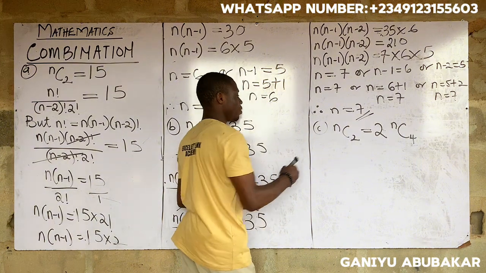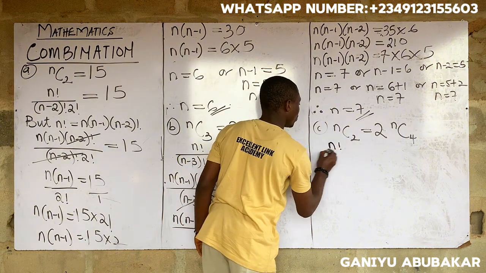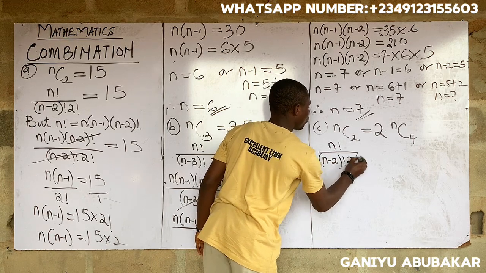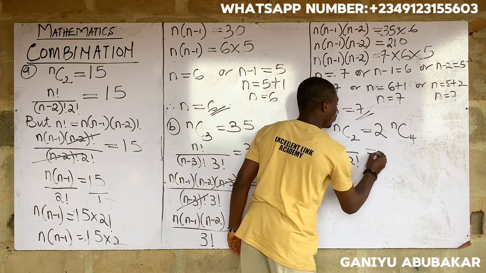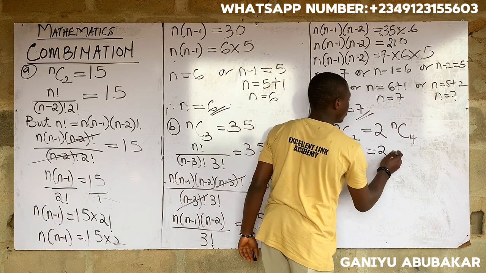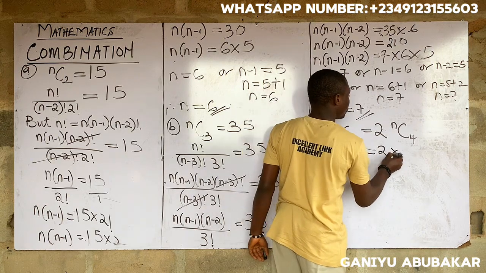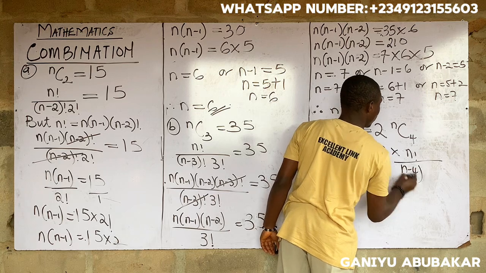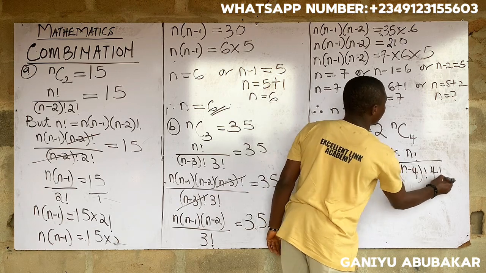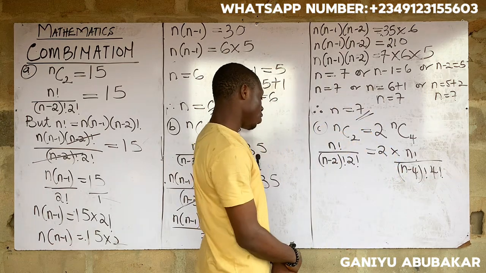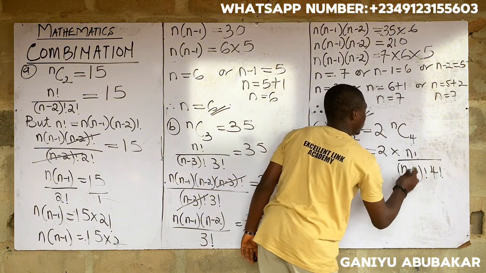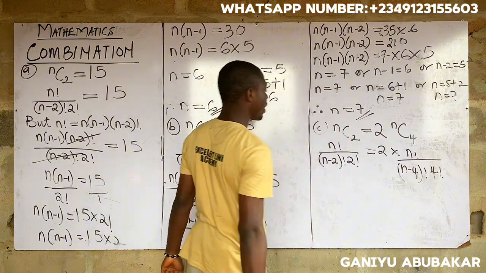So it becomes n factorial over n minus 2 factorial 2 factorial is equal to 2 times n factorial over n minus 4 factorial 4 factorial. So I have this one here. What's the next task?